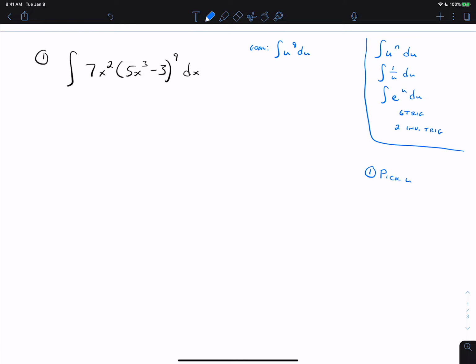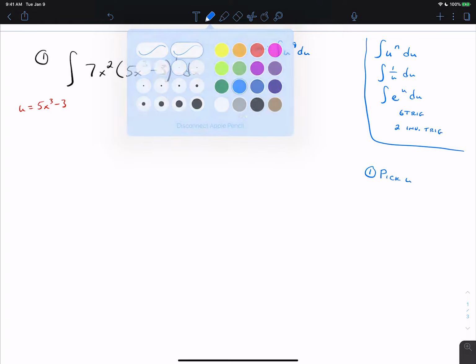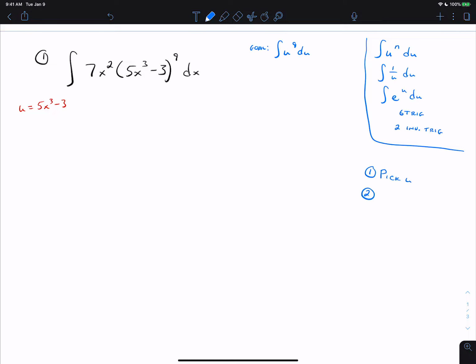So given that we're going to try to make it match that, we'll do the actual problem in red. We would choose for u to equal 5x cubed minus 3, because then this problem on the left has u to the 9th in it. Once you pick u, you find du.